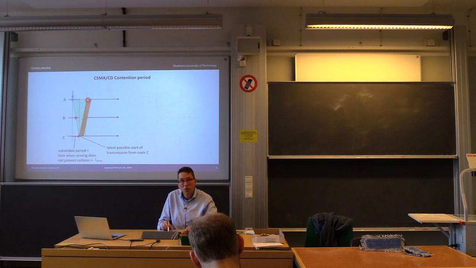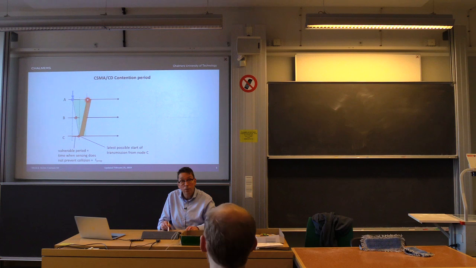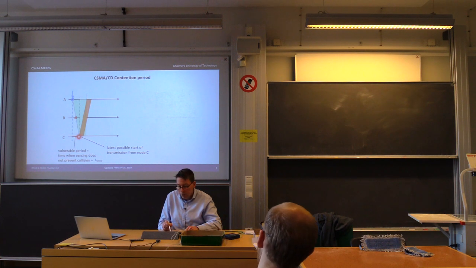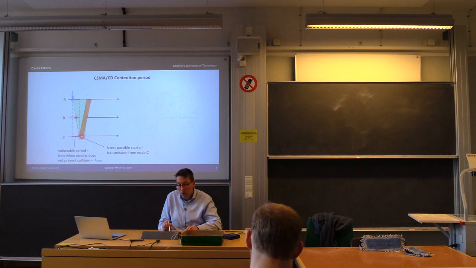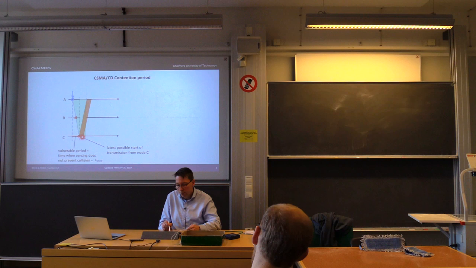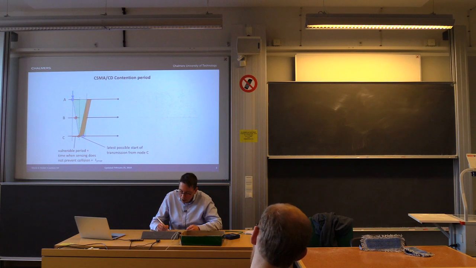This is allowed through the protocol. But then at this point in time, C, by listening to the channel, knows, oh, there is a collision on the medium, and then ceases to transmit its frame.